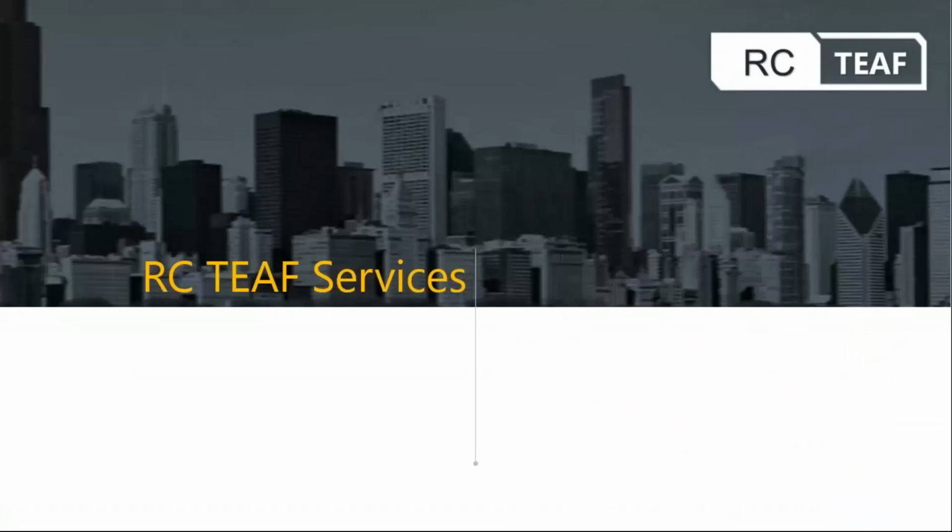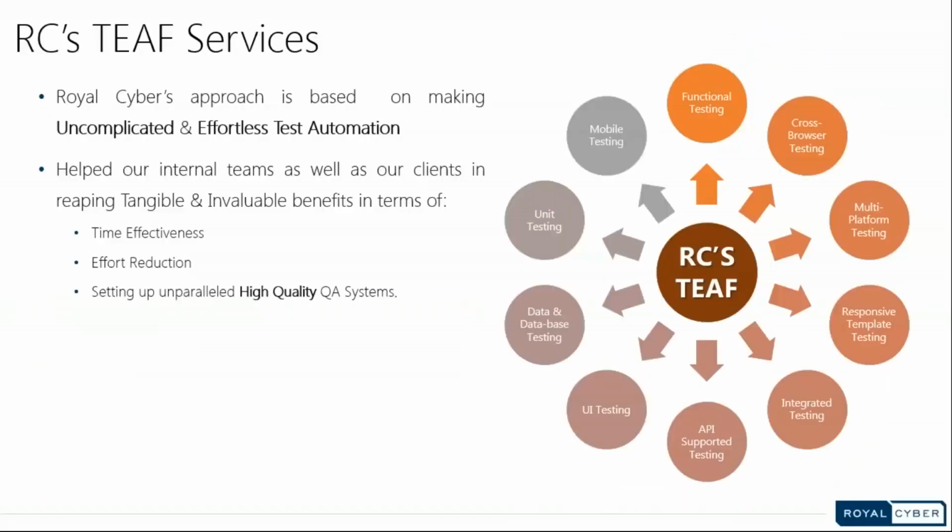Using this test automation framework, we'll cover functional testing as well as integrated testing, responsive template testing, API-supported testing, data-driven testing, unit testing from the developers' aspect, and mobile testing. These are all the different kinds of testing TIF is going to concentrate on.